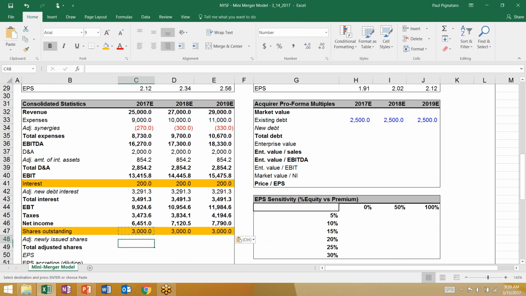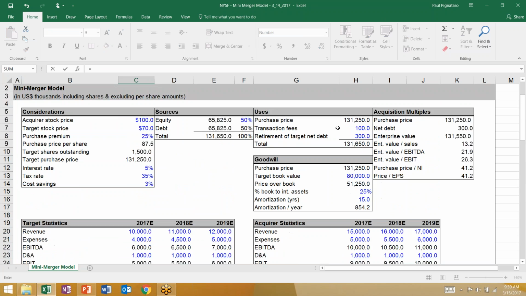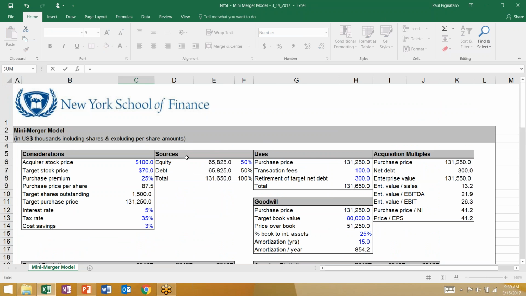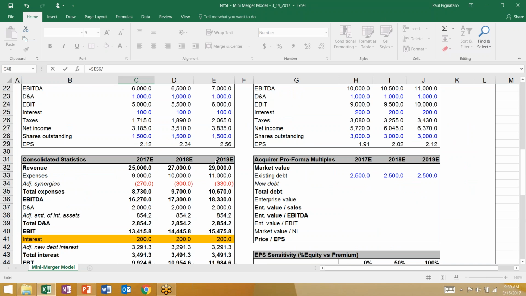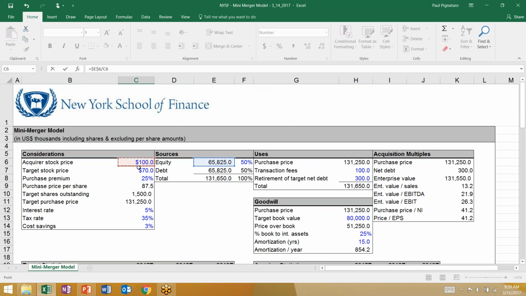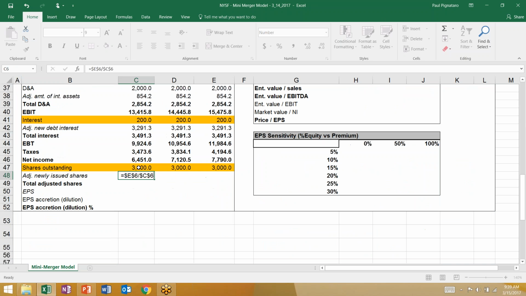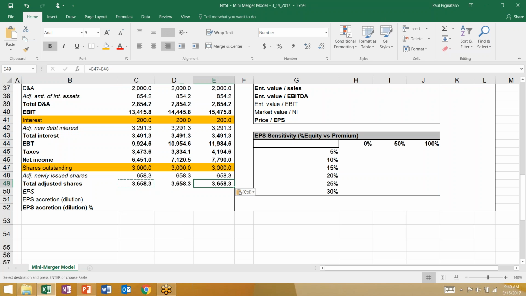Okay. And then the fourth and final adjustment for the new shares raised is the equity raised to fund the acquisition, okay, divided by the price that the acquirer raises that equity at. So you have 658.3, okay, or a total new share count of 36583.